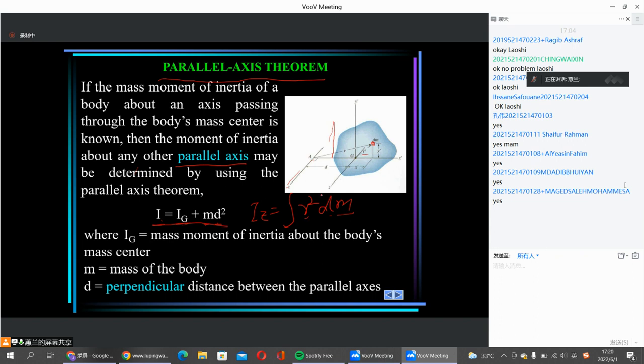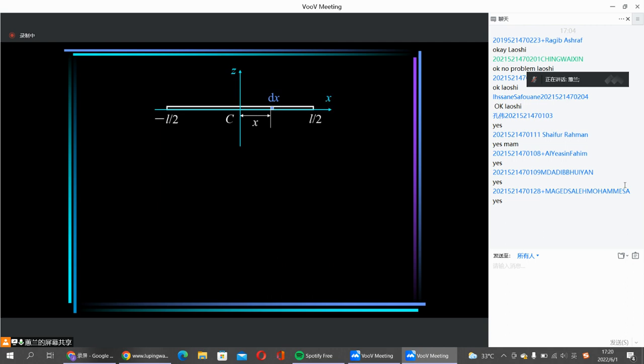And for the z prime axis, which is the axis passing through the mass center, it should be the integral of r prime squared dm, right? And we have r equal to d plus r prime. Okay, so you can find this. Look at the book and check it.